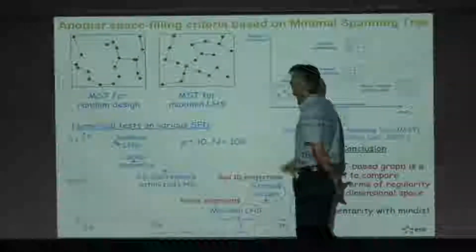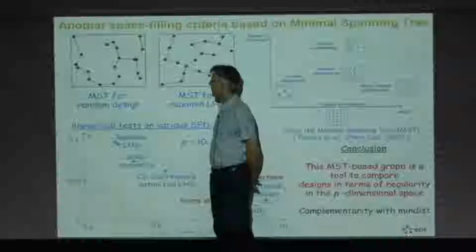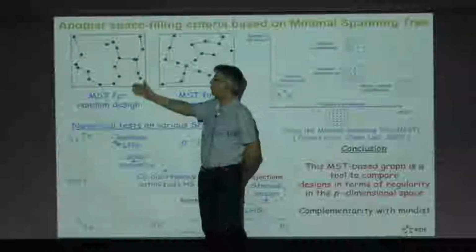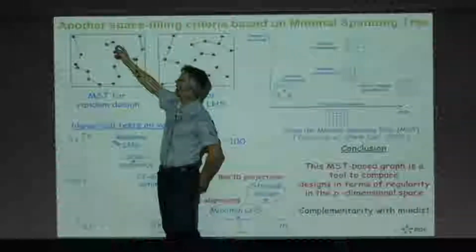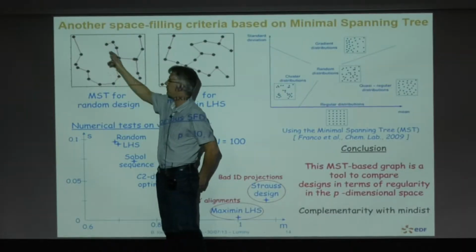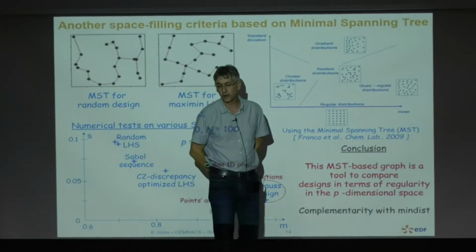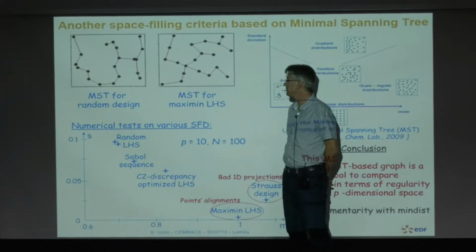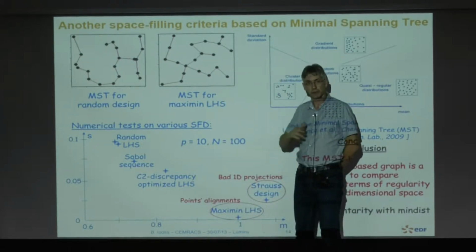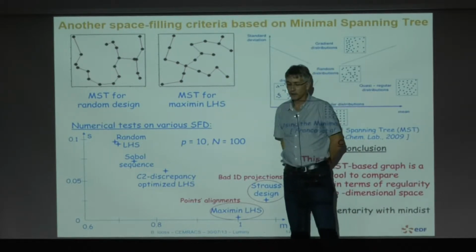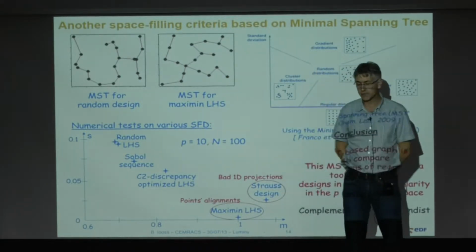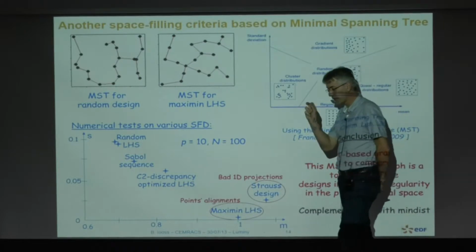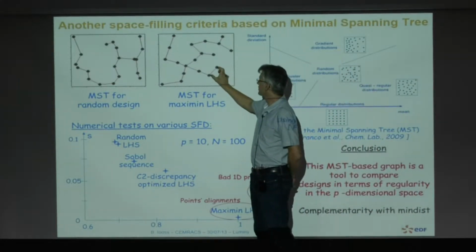First, I just show here a tree for a random design. So you see you have this kind of cluster and you have this kind of empty zone without any point. And the minimum spanning tree for an optimized design, a space filling design.